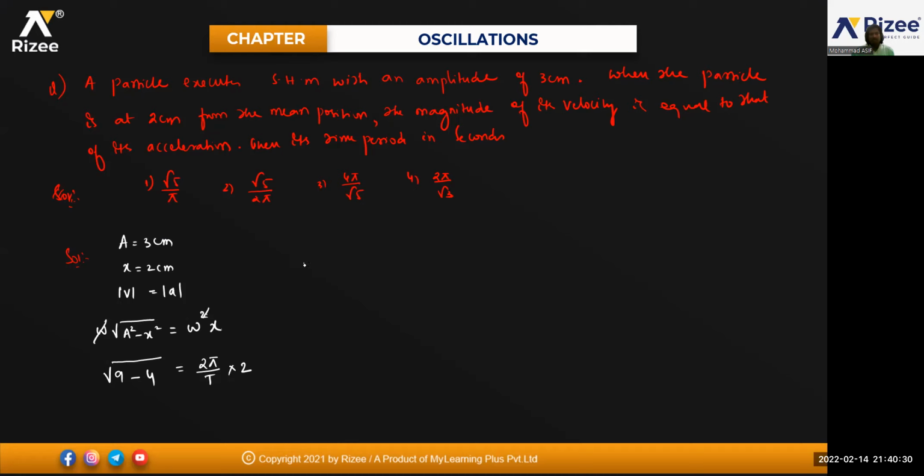9 minus 4, that will be equal to root 5, into 2 pi by T times 2, that is 4 pi by T. So root 5 is equal to 4 pi divided by T. So T is equal to 4 pi divided by root 5.